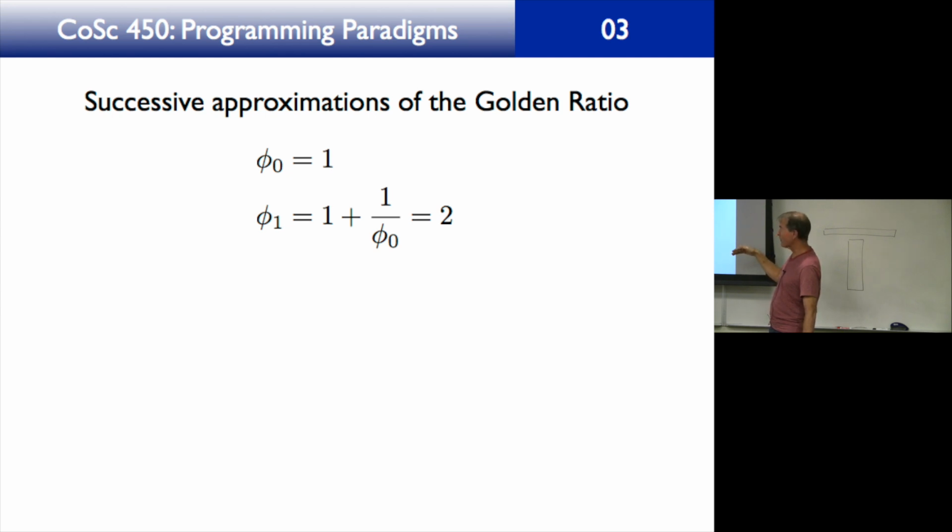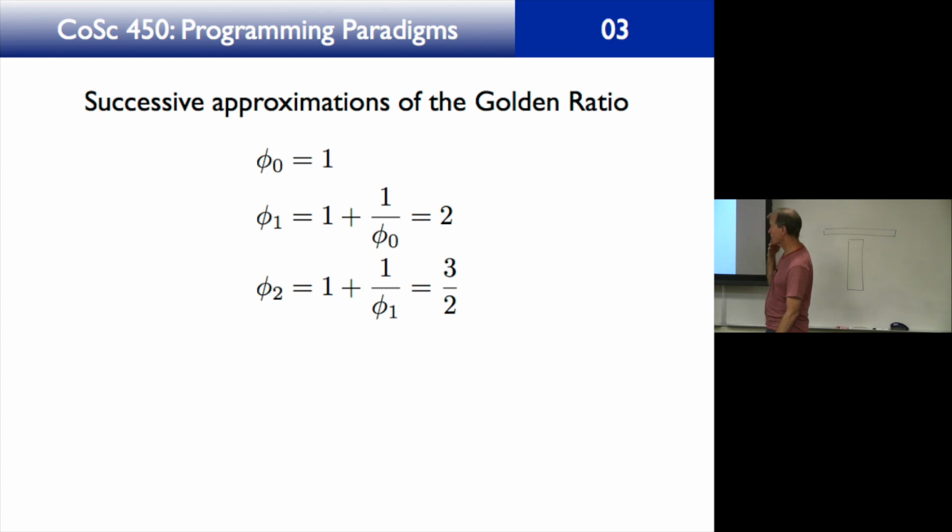But now how will we get the next better approximation? Phi sub 2 will equal what? 1 plus 1 over phi sub 1, which will be 3/2. Is everybody good? And then phi sub 3 will be 1 plus 1 over phi sub 2, so that's 1 plus 1 over 3/2.